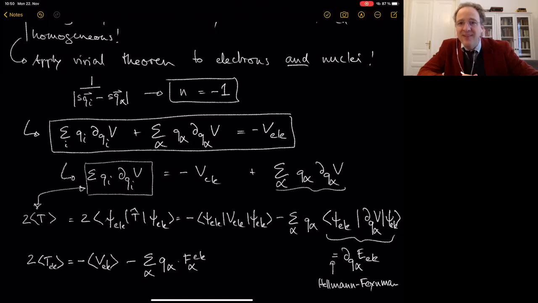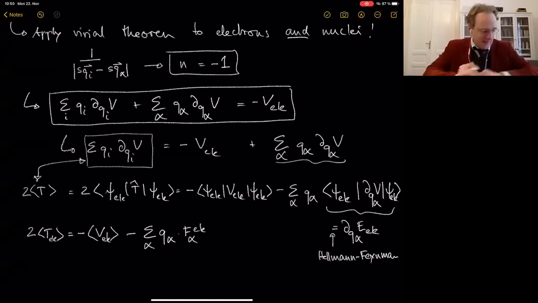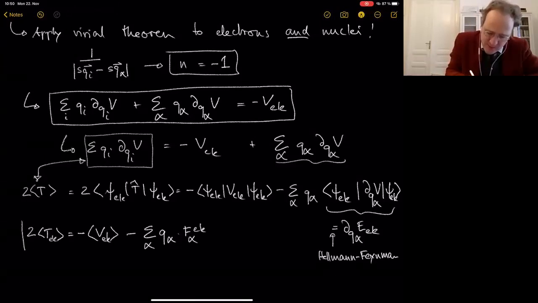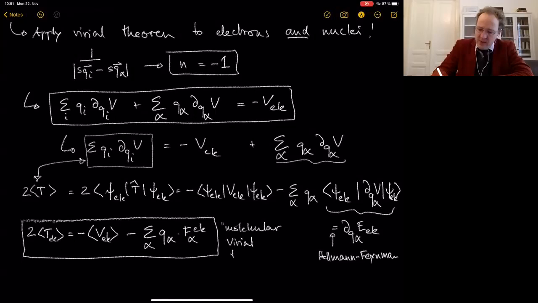So yes, we see that we get some very compact expression again, and basically with respect to what you're used to, you have to add this force term, okay? And this is known as the molecular Virial theorem.